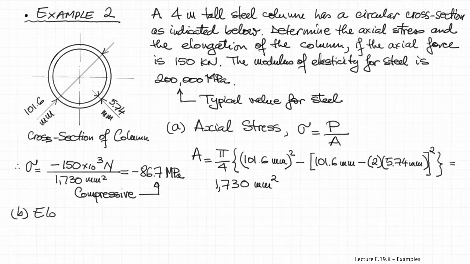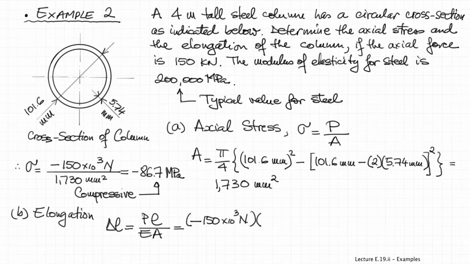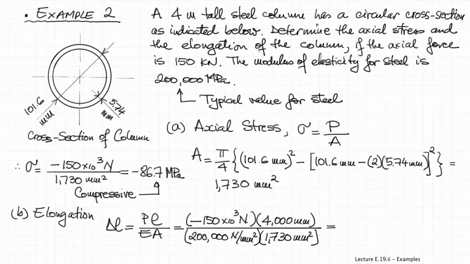For the second question, we need to calculate the elongation of the column, and of course you can imagine that the column being under compression, the elongation will be a shortening of the column. Again, please pay attention to the sign of the applied compressive force, which is negative, and also to the units, which must be consistent in order to obtain meaningful results.